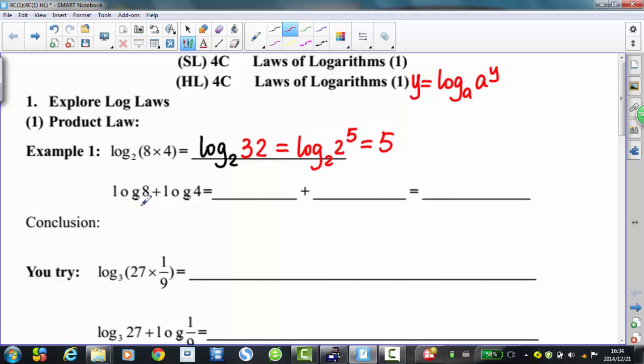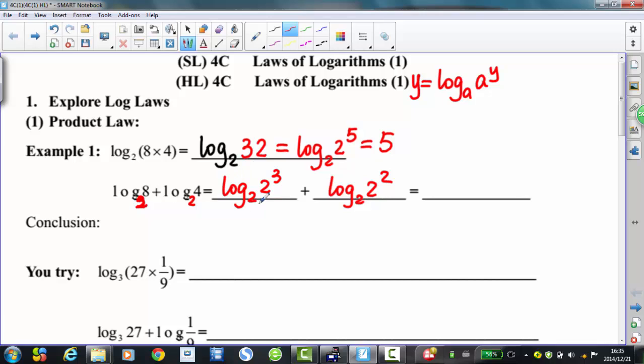Right now, let's split the product into the addition of two logs. The first one is log 2, the base is 2, 8, plus log 2, the base is 2 here as well, 4. We know the first one, log 2, 8. For 8, I change it to 2 cubed. For 4, I change it to 2 squared.